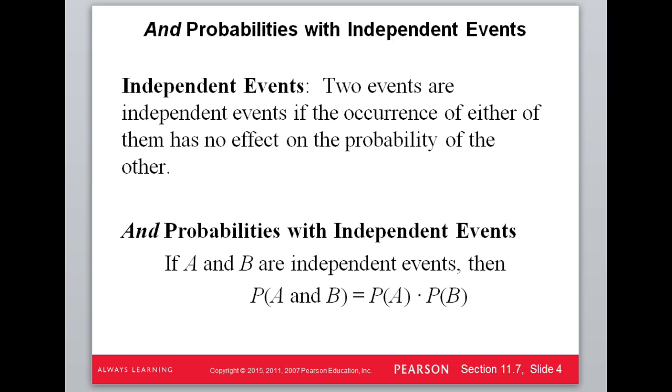Alright, independent events. Two events are independent if the occurrence of one has no effect on the probability of the other. And probabilities are affected by these events being independent or dependent because they are either happening simultaneously or one after the other, and that creates a dependency.